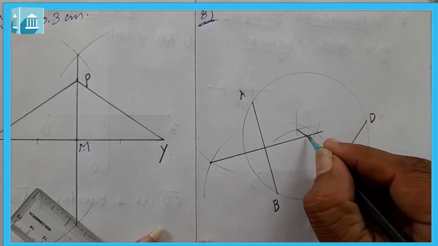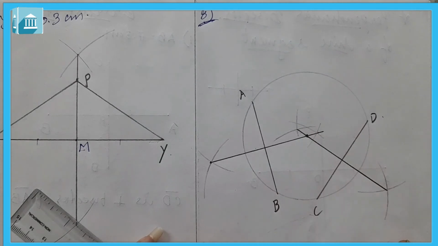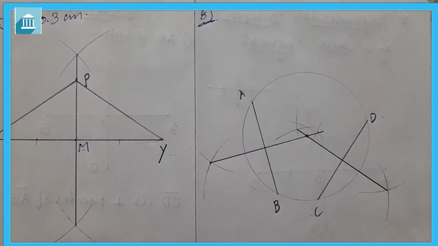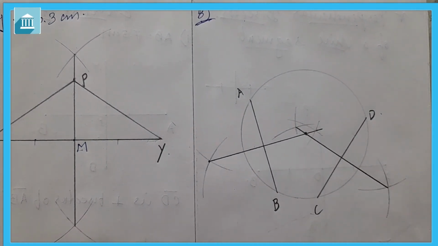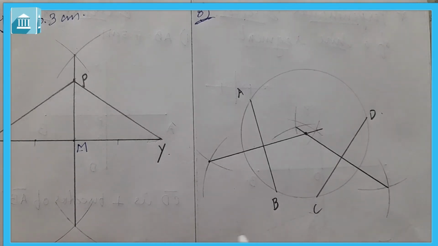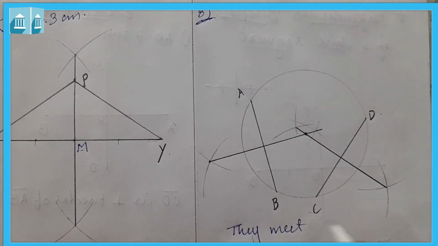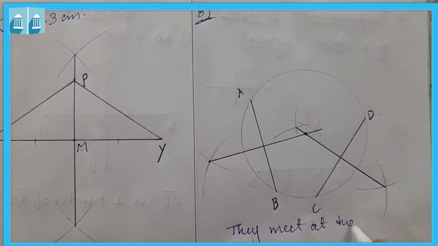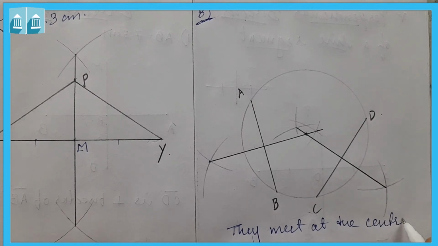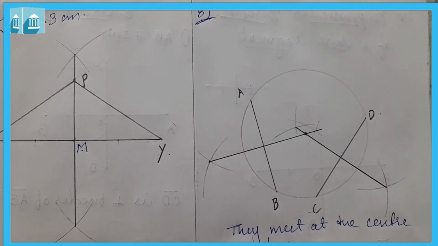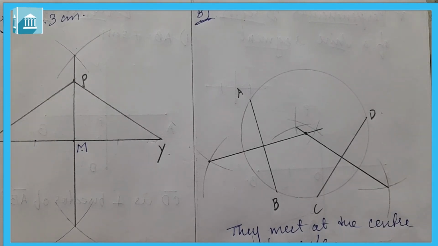So now what we got is that they intersect at the center of the circle. The question asked is where do they meet. So we can say that they meet at the center of the circle.